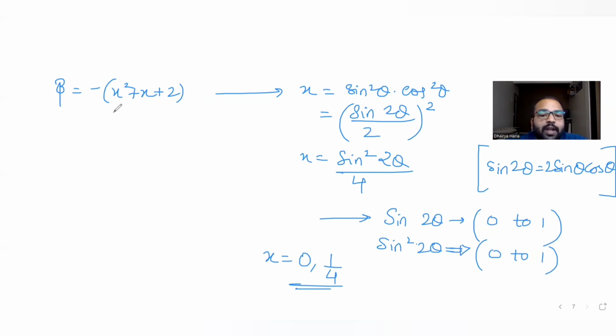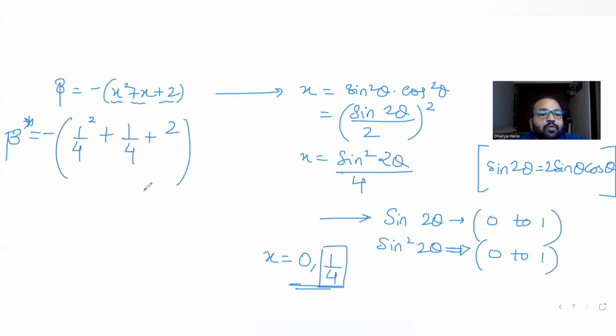So I need to find out the minimum value of beta, and since beta is negative, I should take the maximum value of x out of 0 and 1 by 4, and the maximum value I have here is 1 by 4. So I'll put here 1 by 4 because it is present with a negative sign. That becomes the minimum value, that is the lowest value. So minimum of this becomes minus of 1 by 4 square, plus 1 by 4, plus 2.